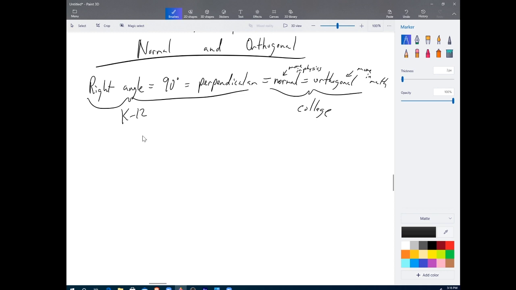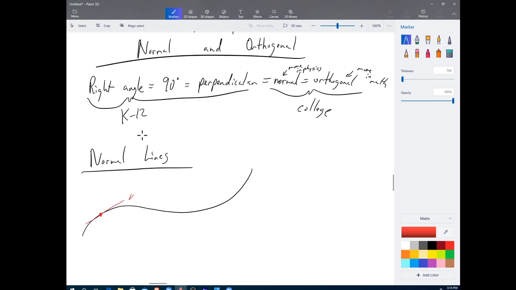So let's talk first about the normal lines. If you have a curve, and I'll make sure the problems that I do for you, I'm going to put them on Desmos too so you can see. We know that if we pick some point on the curve, it has a tangent line.